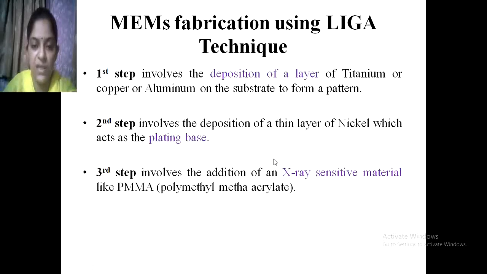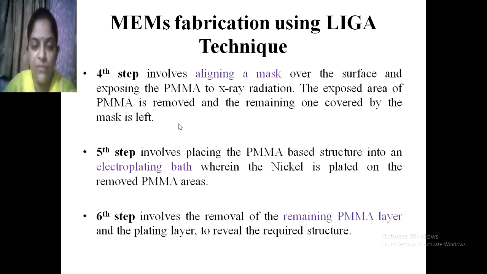Then in the third step, addition of an X-ray sensitive material like polymethyl methacrylate, that is PMMA. In the fourth step, applying a mask over the surface and exposing the PMMA to X-ray radiation. The exposed area of PMMA is removed and the remaining one covered by the mask is left.